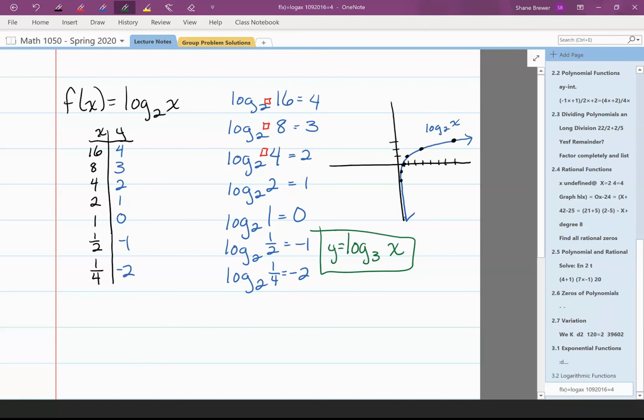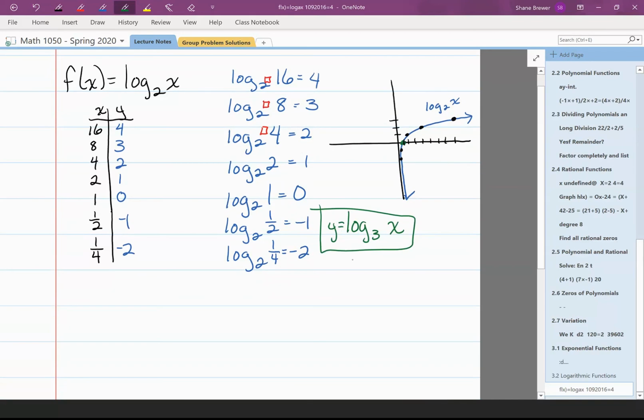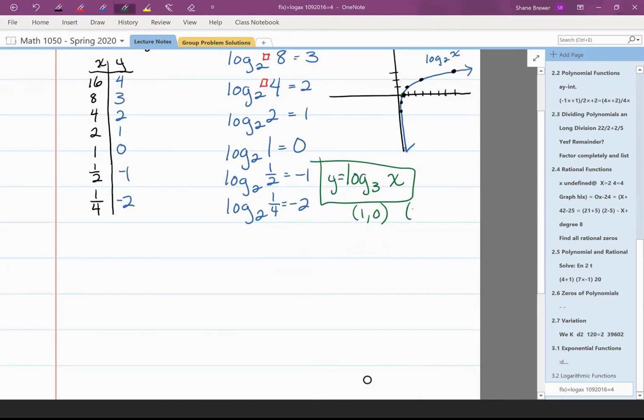All the graphs of every log go through the point (1, 0). Every logarithmic graph goes through (1, 0), right? That point right there. So I know that's going to go through there. And then the other point I'm going to go through is (3, 1), because log base 3 of 3 is 1.